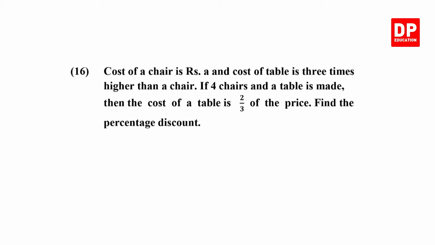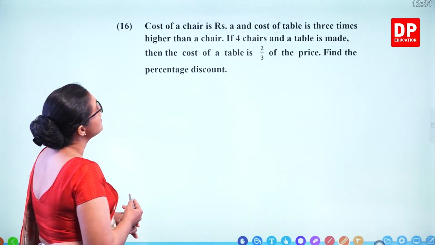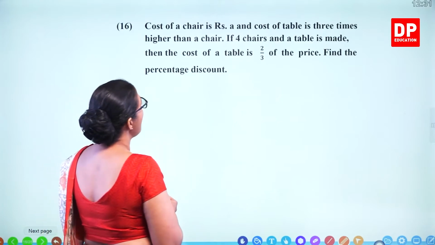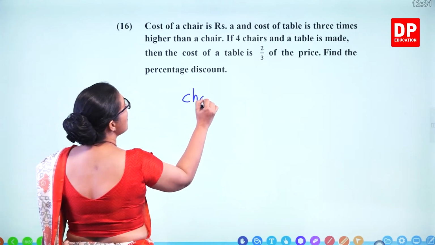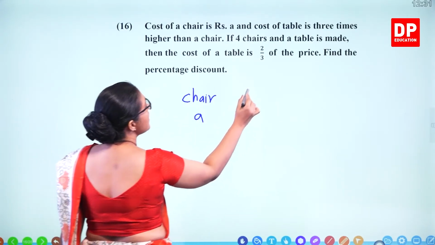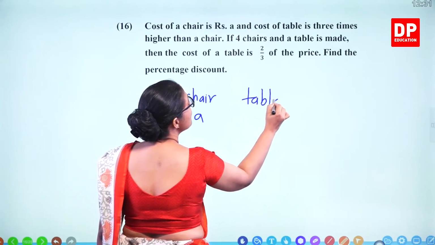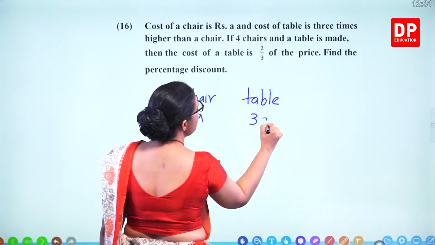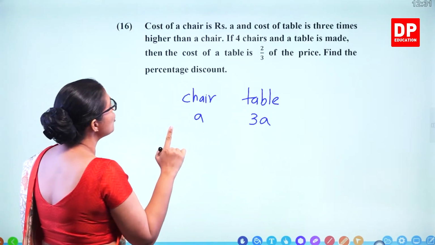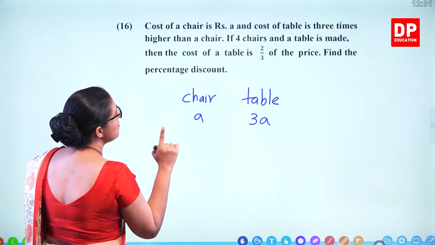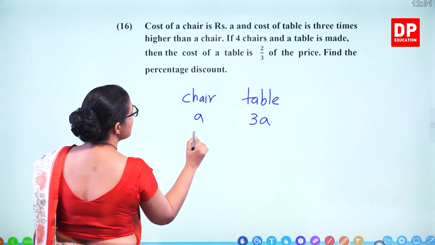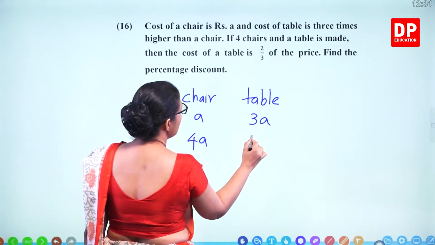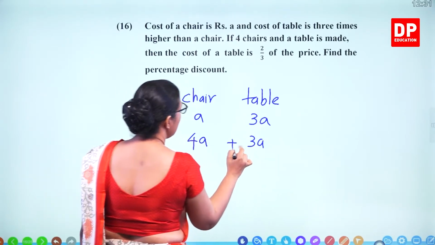Question number 16. Cost of a chair is A rupees and cost of a table is 3 times higher than a chair. So chair is A rupees and cost of a table is 3 times higher, 3A. If 4 chairs and a table are bought, that means the value is 4A and a table, 3A.